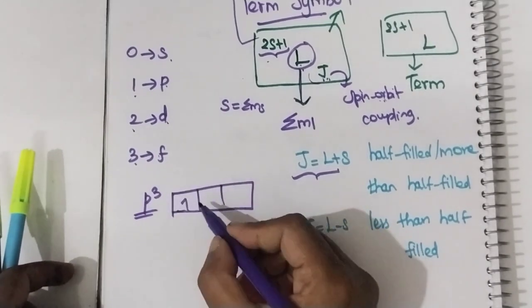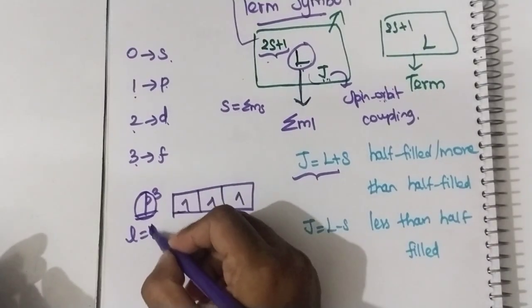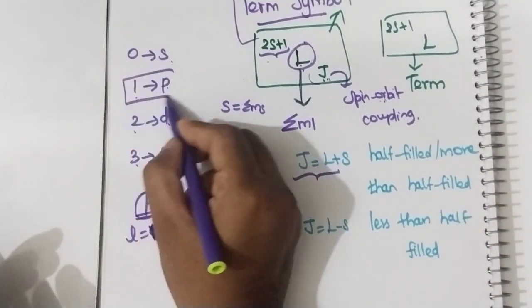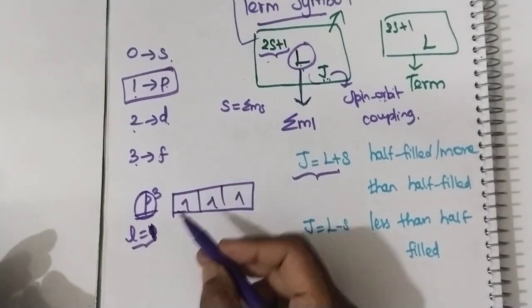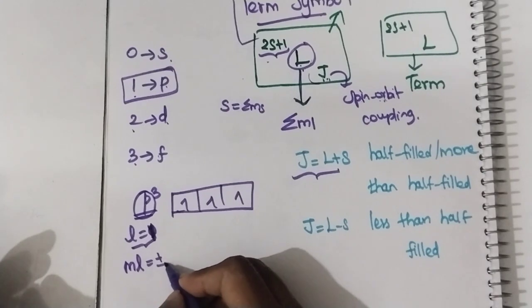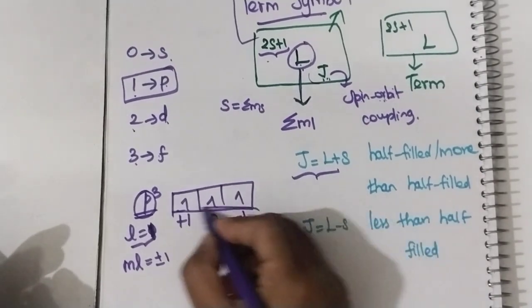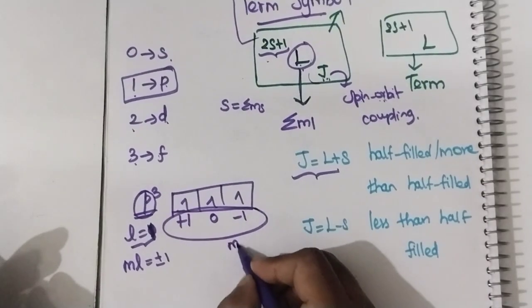See, if you are having p3, how will you draw p3? Like this. P means L value will be 1. If L is equal to 1, then ml will have plus or minus 1, hence it is plus 1, 0, minus 1. These are all nothing but ml values.